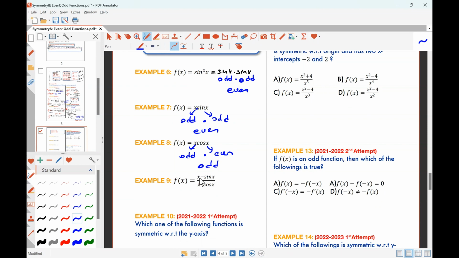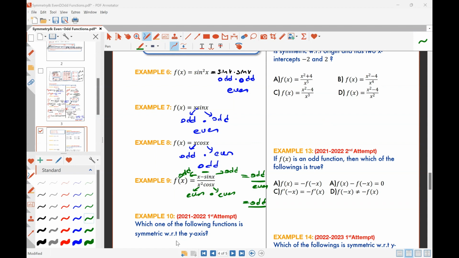Similarly, the last one here, x is an odd function, sine is odd, odd minus odd will be odd, and x squared is an even function, cosine is also even, even multiplied by even is also even. We have odd divided by even, which gives us an odd function.